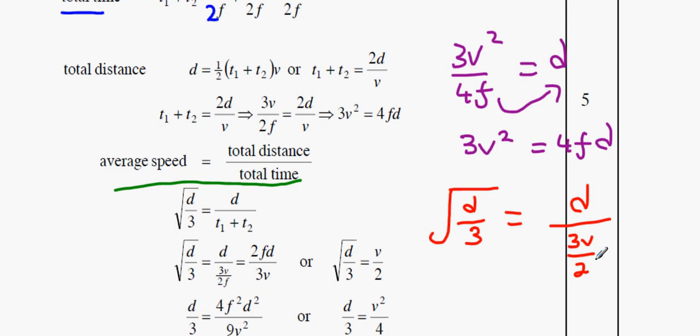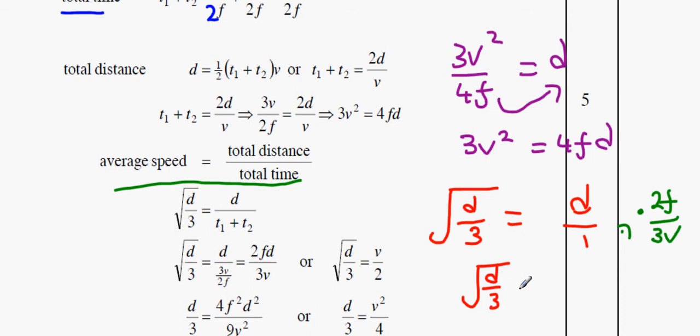Then we're going to work on this to make it one fraction. We just bring this to the top, and what we get is 2f over 3v, just turn it upside down. So d times 2f over 3v. So root d over 3 equals 2fd all over 3v. I'm going to square both sides.